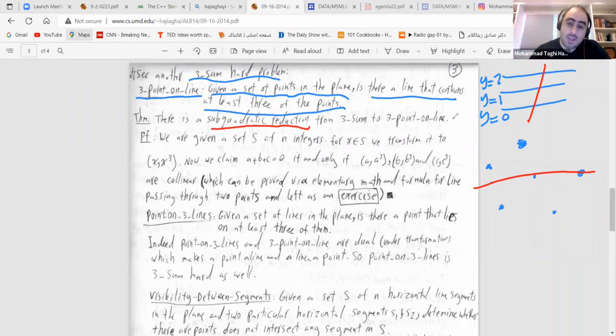But that is easy for the previous problem because you just take these points, and for each element you make a point. From the element A you create a point (0, A). Everything can be done in linear time actually.